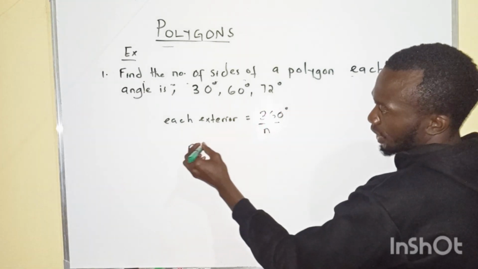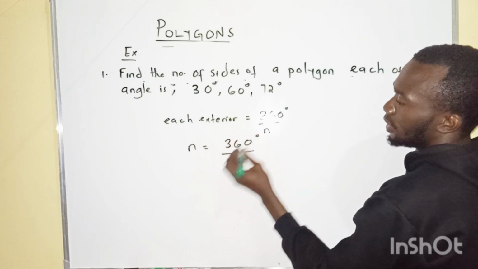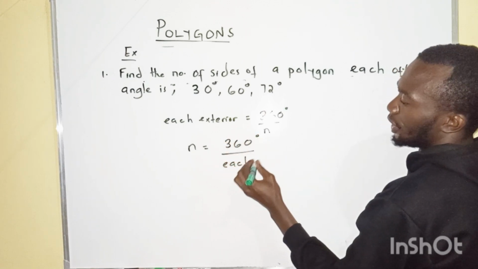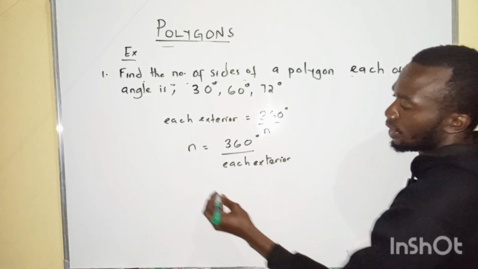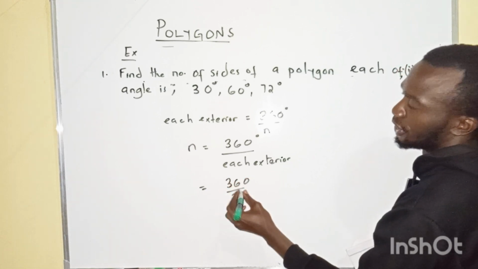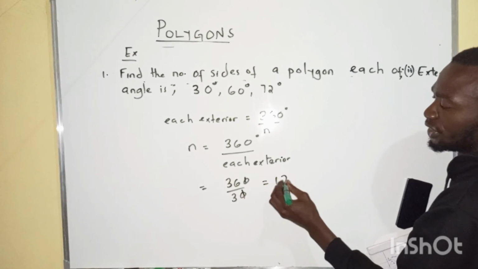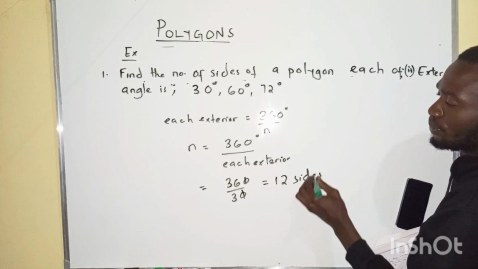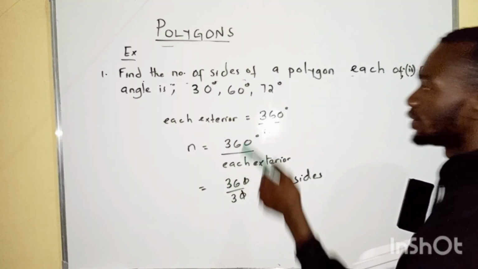So the number of sides we can calculate with the formula 360 over each exterior angle. The first one is 360 over 30, so this gives you 12 sides.